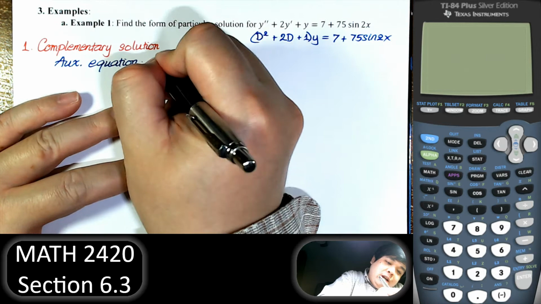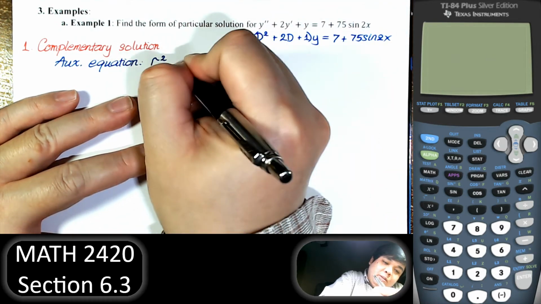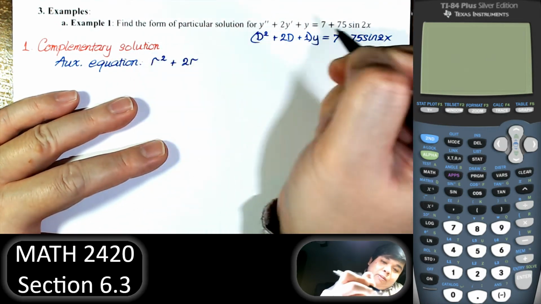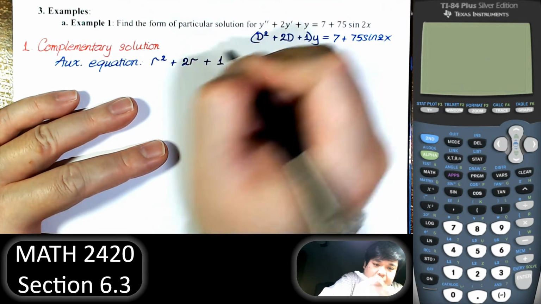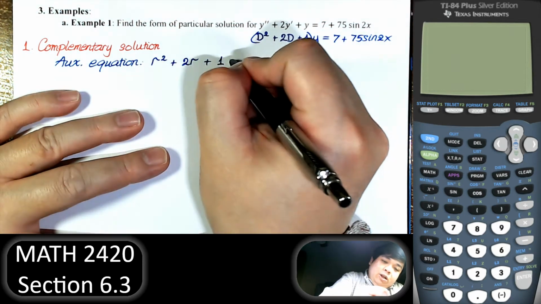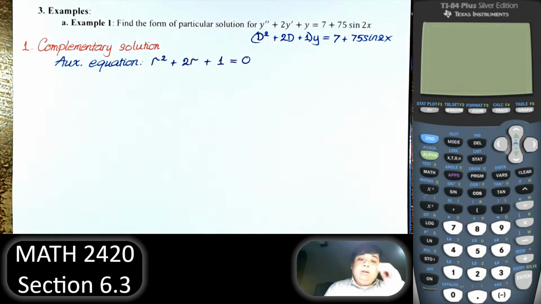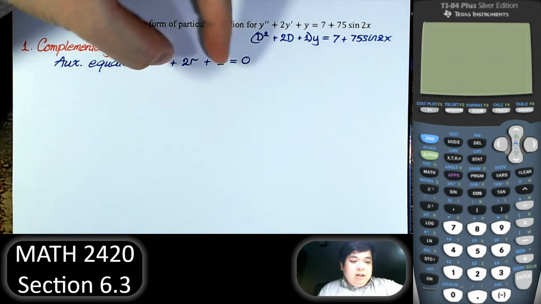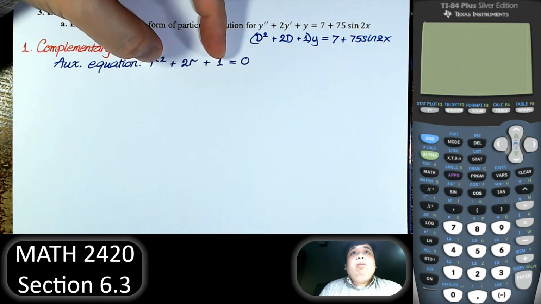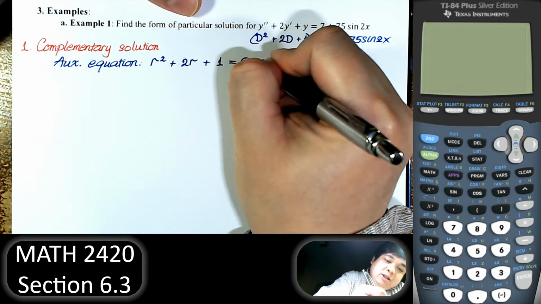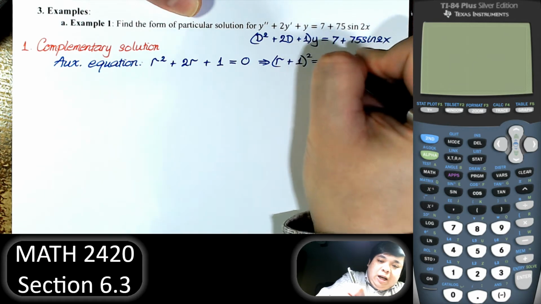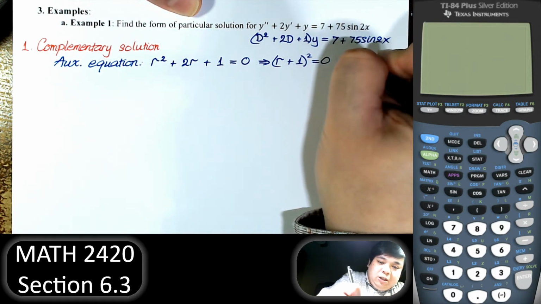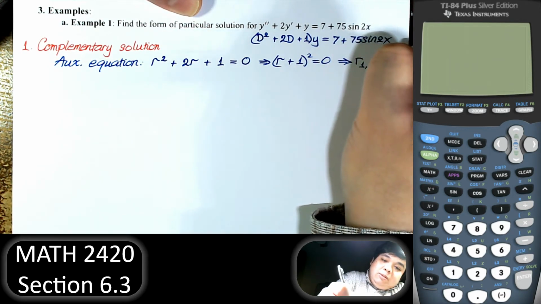So r squared plus 2r plus 1 equals 0. Of course, if we factor this, with that we have the repeated root of -1.